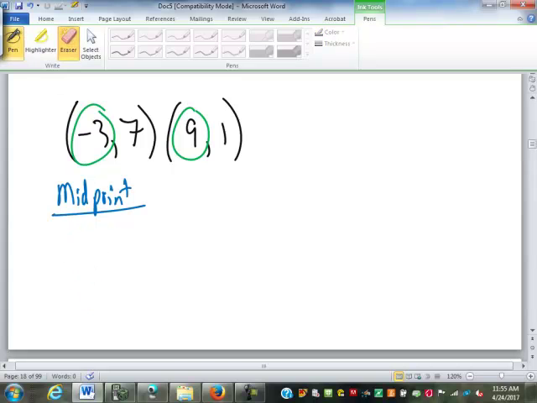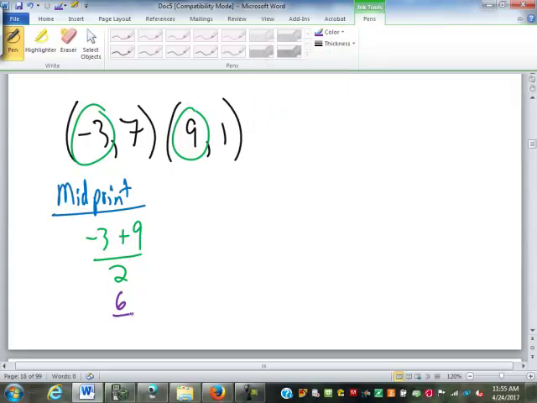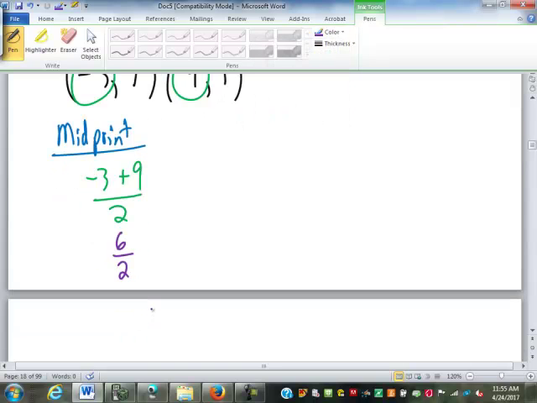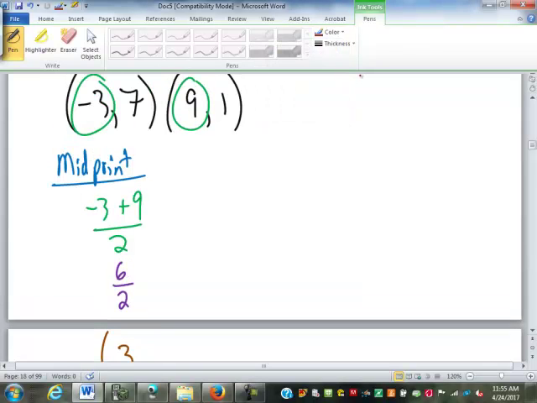We're going to do -3 plus 9 divided by 2. -3 plus 9 is 6 divided by 2. 6 divided by 2 is 3. For the y-coordinate, we have 7 and 1.